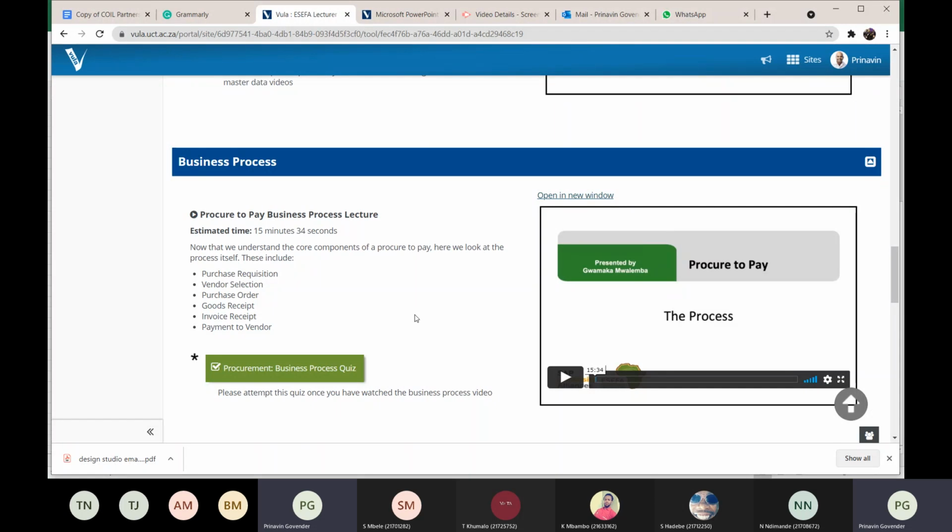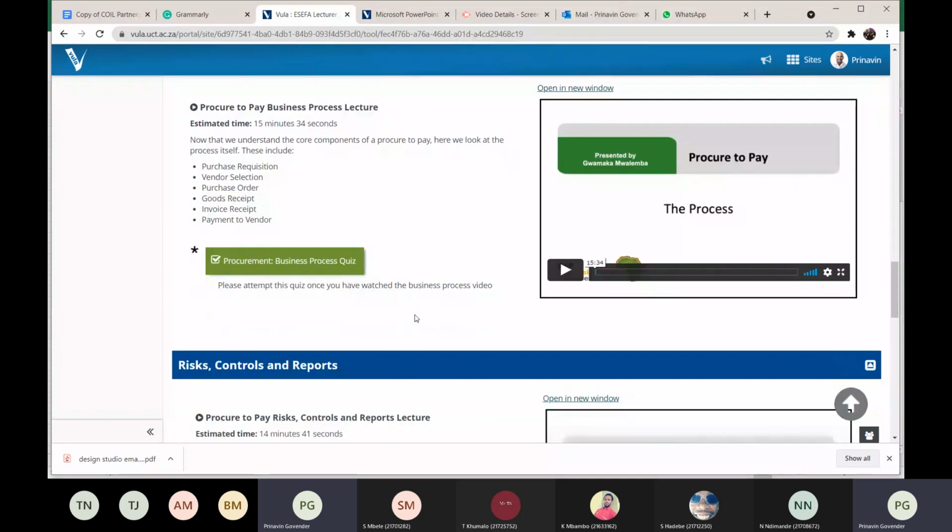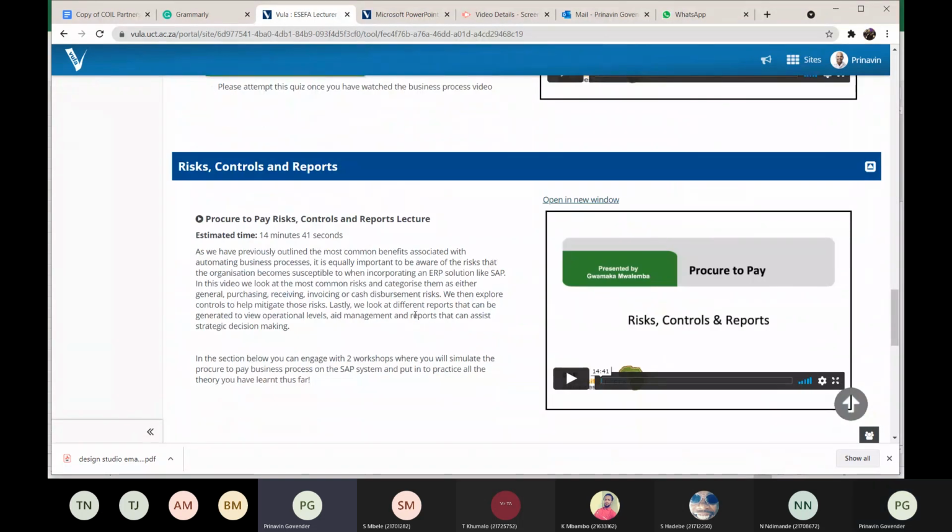Now, if you attended Monday's lecture or if you watched Monday's lecture, you would have realized that we made a purchase from Get a Break supplier. We needed to have made a purchase and made a payment to them. We'll be dealing with a little bit of the accounting procedures under this SAP S4HANA ERP system.